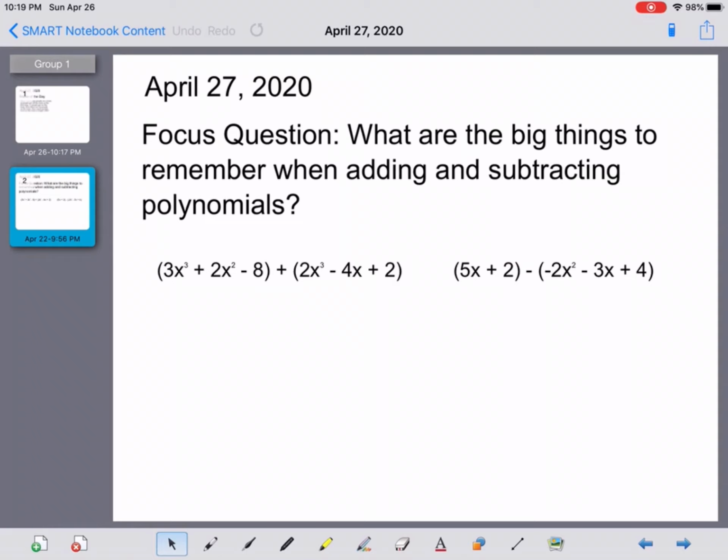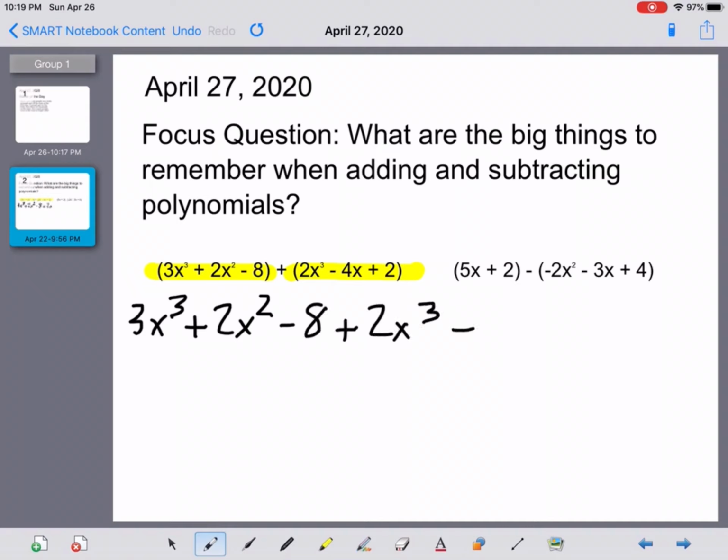If you take a look at the first expression, we have the quantity of 3x to the third plus 2x squared minus 8 plus the quantity 2x to the third minus 4x plus 2. We are adding those two polynomials together. Because there are no coefficients outside the parentheses, we could just drop the parentheses and write out the polynomials on the inside.